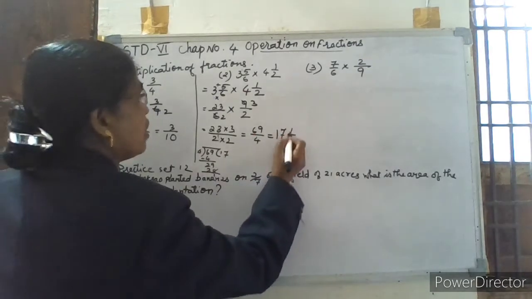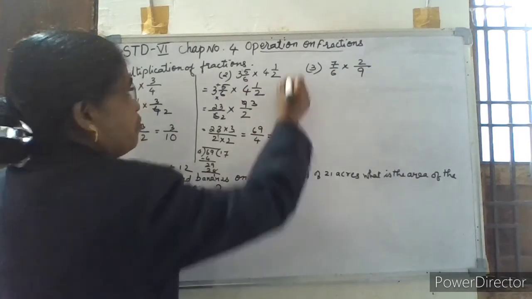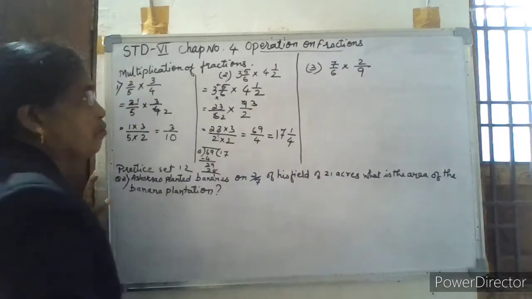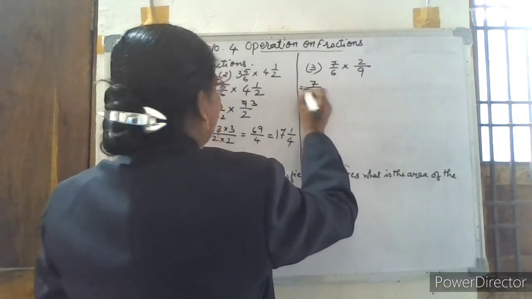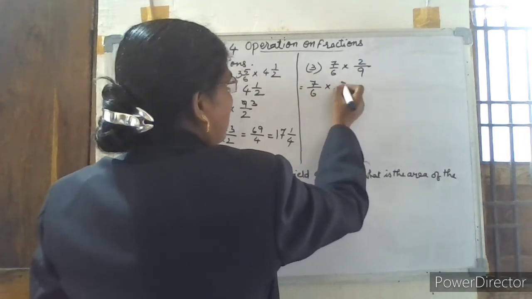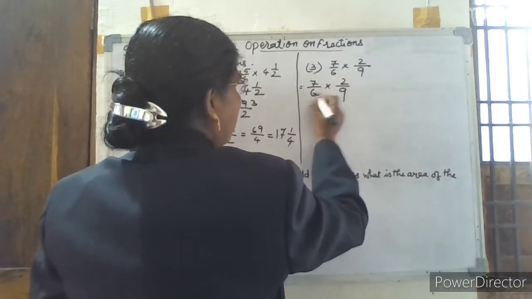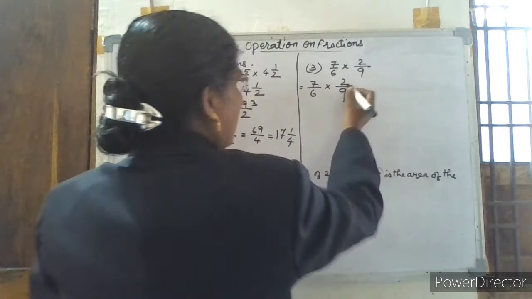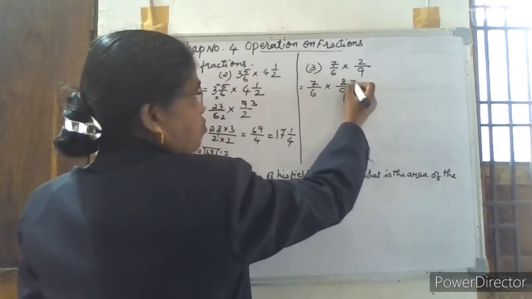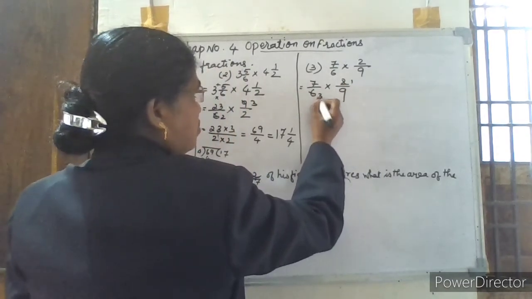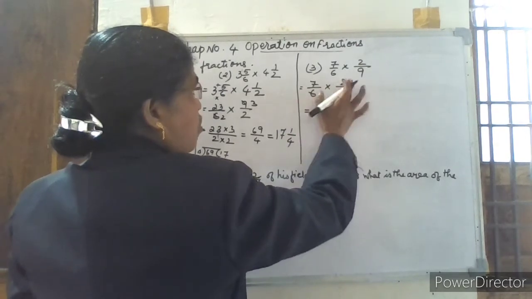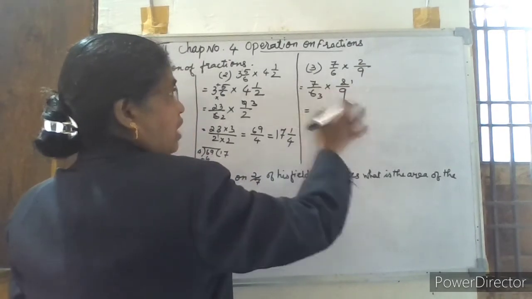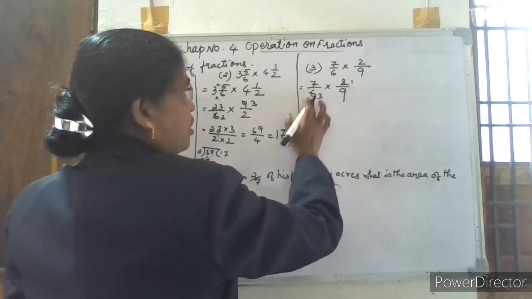Third one. See, 7 by 6 multiplied by 2 by 9. Here 6 and 2 are cancelable, multiples of 2. 2 1s are 2, 2 3s are 6. So nothing else is cancelable. Only cross way we can cancel; numerator and numerator we cannot cancel, denominator and denominator we cannot cancel at all.